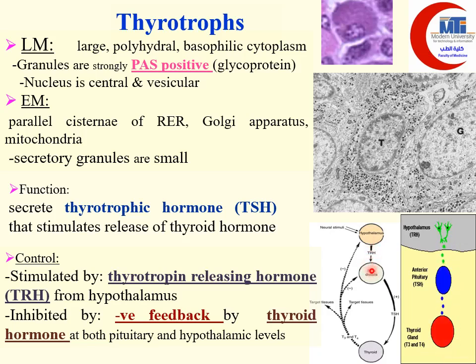This stimulates the pituitary gland to release TSH, which stimulates the thyroid gland to secrete T3 and T4, the thyroid hormones. These hormones cause negative feedback on both the pituitary gland and hypothalamus to decrease TRH and TSH.